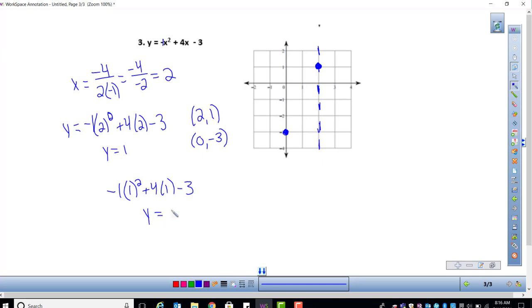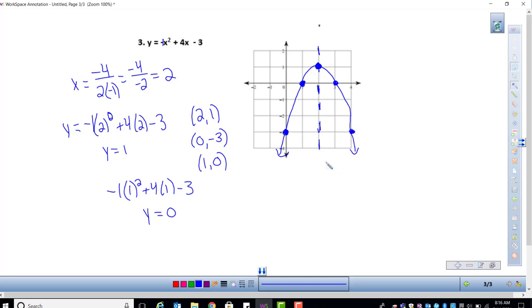Y equals 0. So this point would be 1, 0. Now that I have half of my graph, I can reflect and connect to make our parabola.